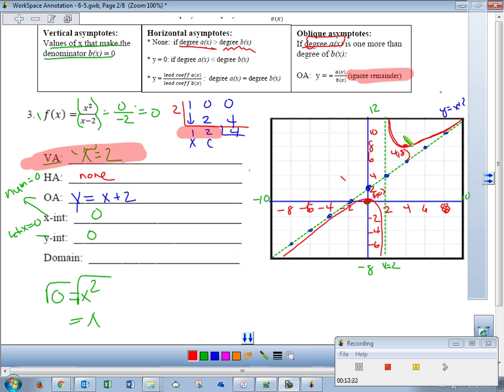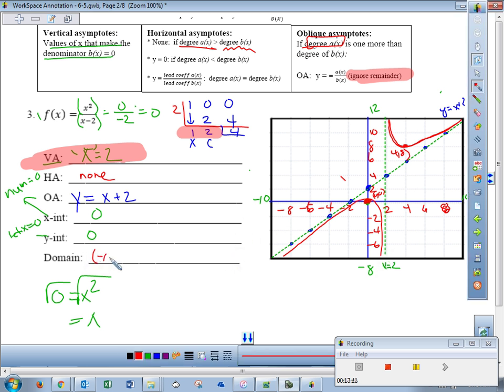So if you were looking from left to right, wouldn't it go from negative infinity all the way up to 2? 2 doesn't count, then you start over again, union 2 to infinity. The numbers that will be critical in your domain are all about your x, your vertical asymptotes, whatever x can't be.